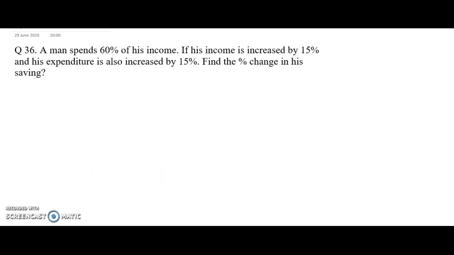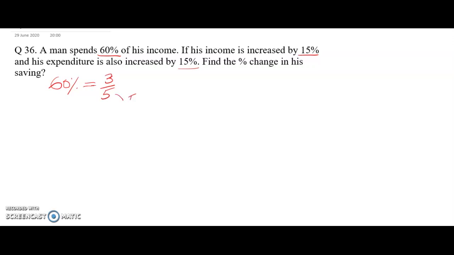Question number 36. A man spends 60% of his income. If his income is increased by 15% and his expenditure is also increased by 15%, find the percentage change in his saving. So in this question it's given, a man spends 60% of his income. 60% we know in fraction, it's 3 by 5.